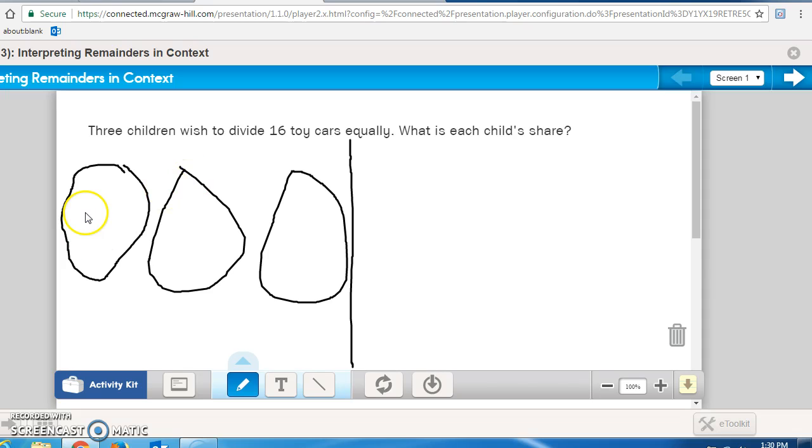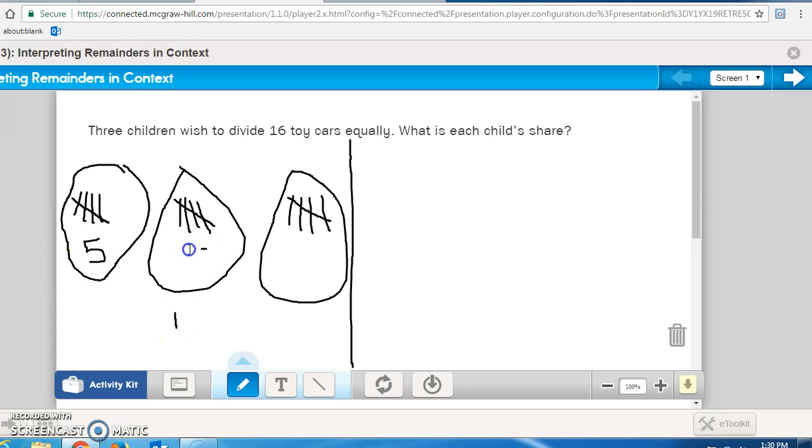16 toy cars. Well, I can give him 1, this one 1, 1, that's 3, 4, 5, 6, 7, 8, 9, 10, 11, 12, 13, and when I cross it across like that, I know that's a group of 5, 14, 15, and there's 1 left over.